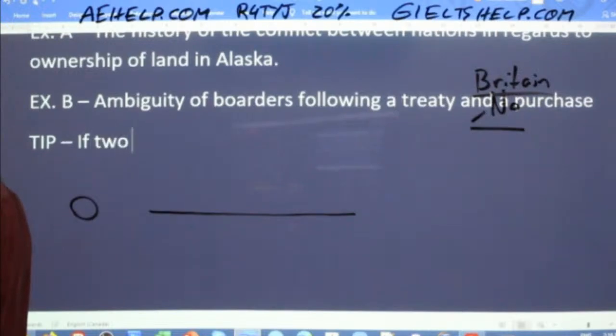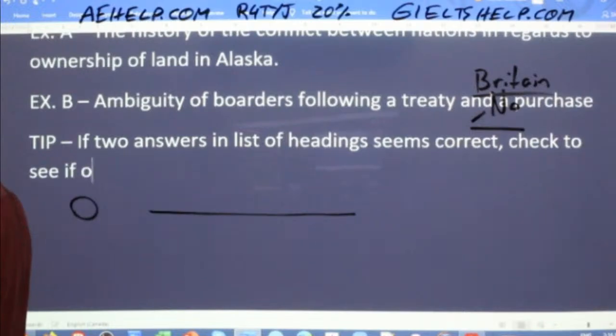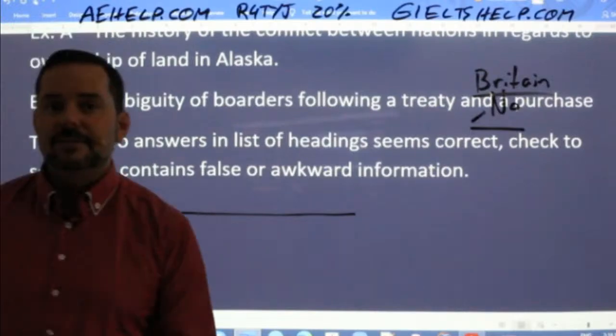If two answers in a list of headings seem correct, check to see if one contains false or awkward information.